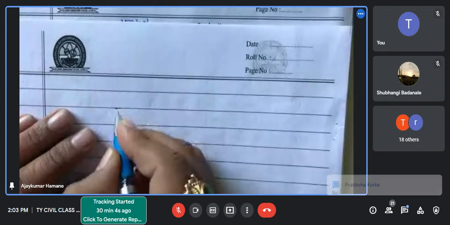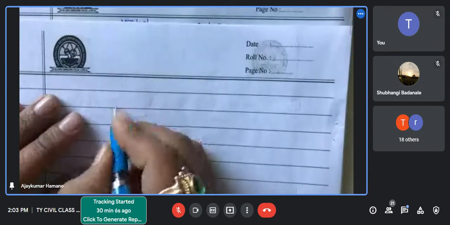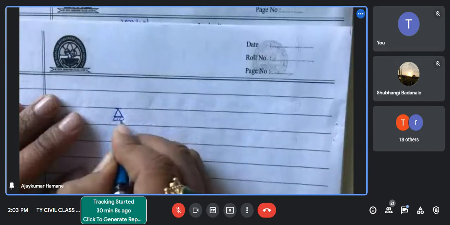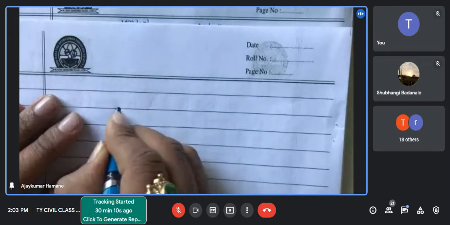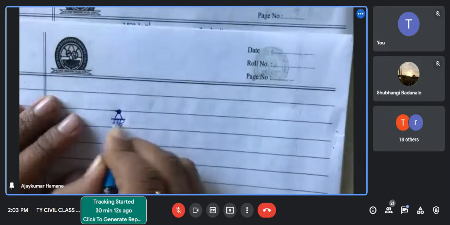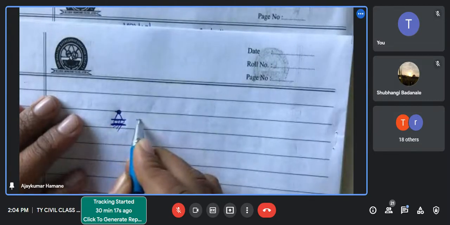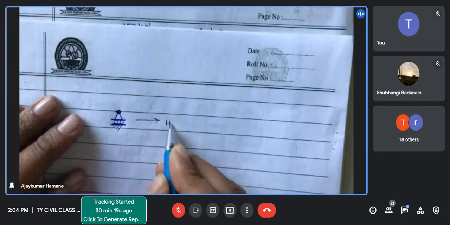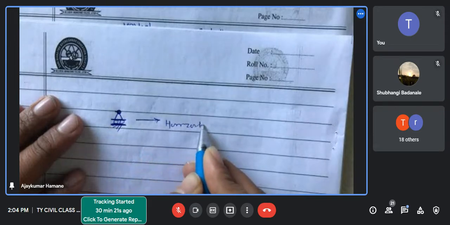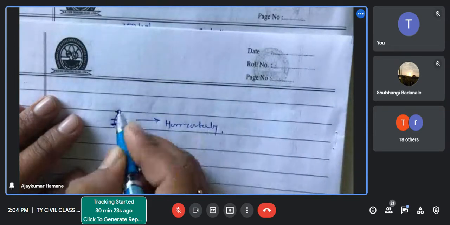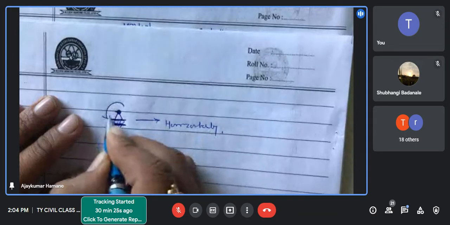See, now I'll take it. We have a roller support. Remember, this one is a roller support. That means it can move horizontally and also it can rotate.